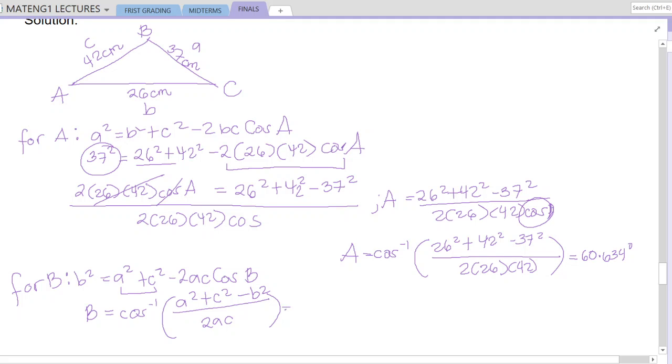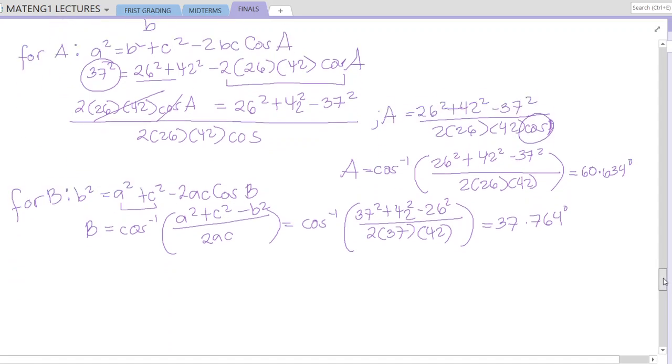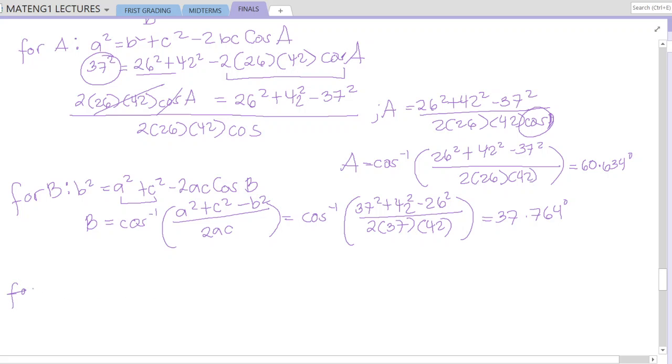That is cosine raised to negative 1 of a squared, which is 37 squared, plus c squared, that is 42 squared, minus 26 squared, and then divided by 2 multiplied by 37 multiplied by 42. That is equal to 37.764 degrees.